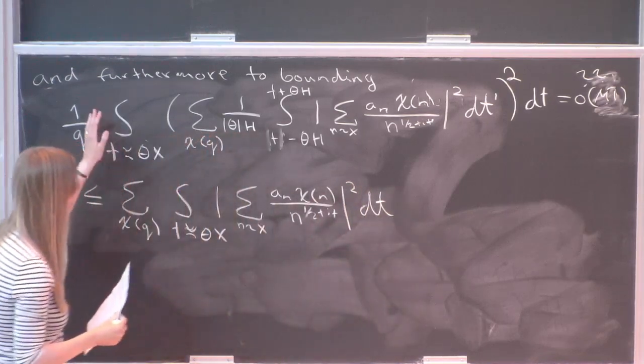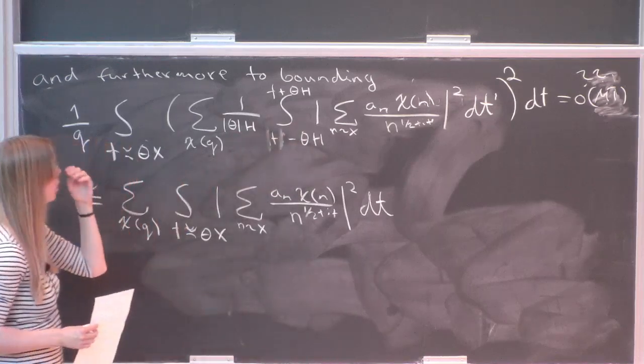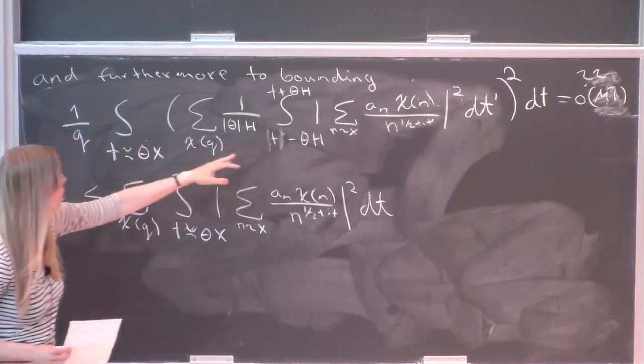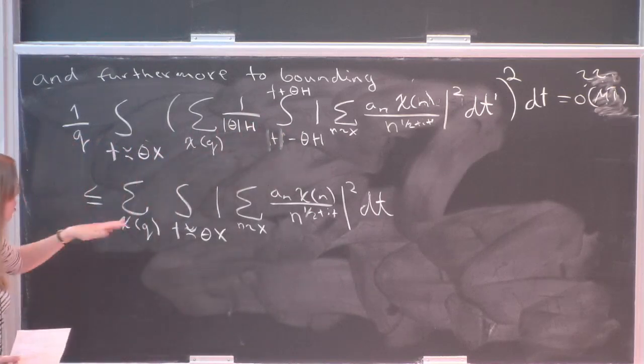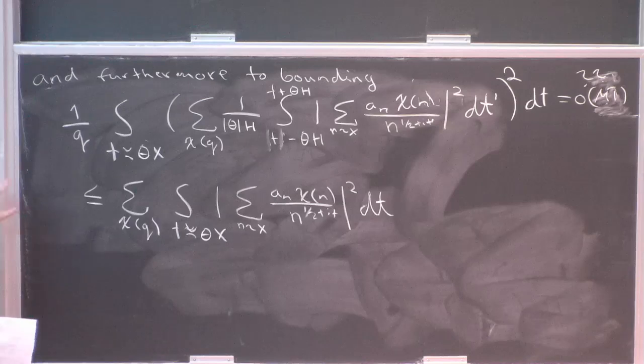For this one, we can use Cauchy-Schwarz, integrate over T1 first, change the order of integration, and we get a bound like this, which looks very familiar to people who have been working on these things with Dirichlet polynomials and almost all short intervals.